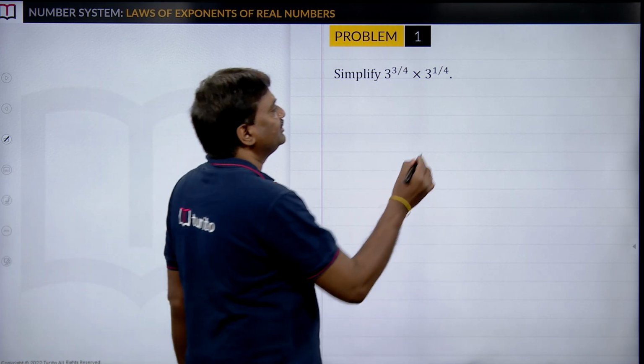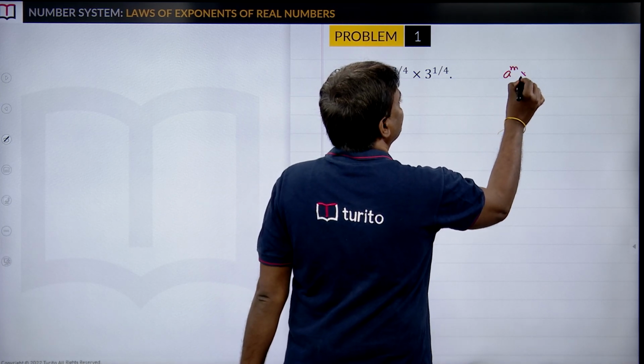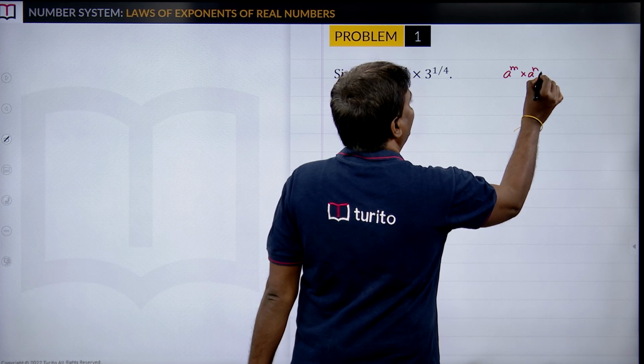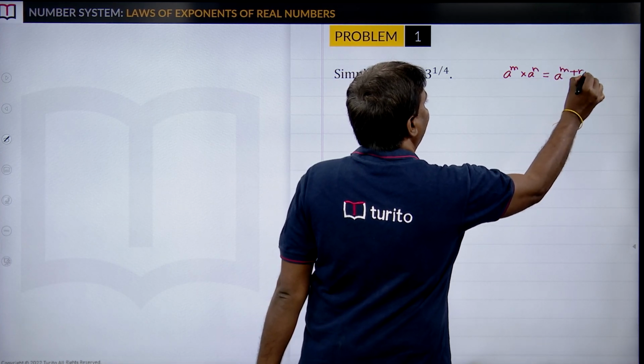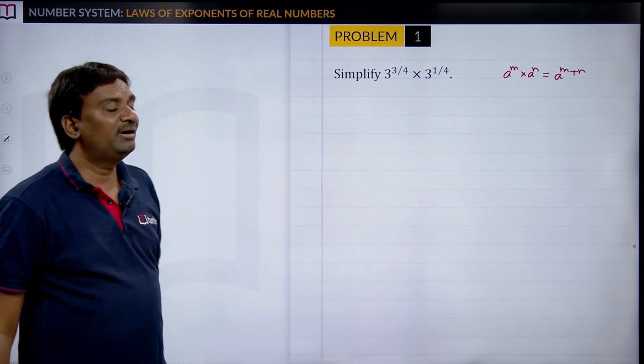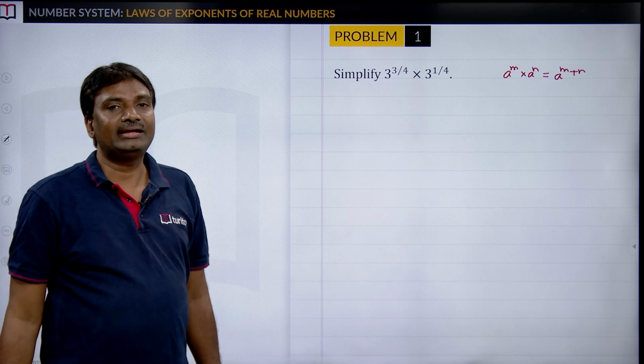We have just discussed the formula a power m into a power n equals a power m plus n, where the bases are the same and the powers are different.